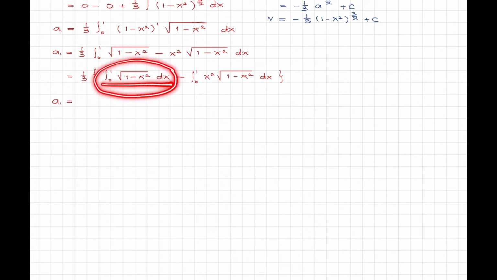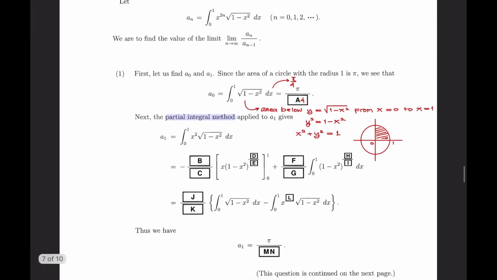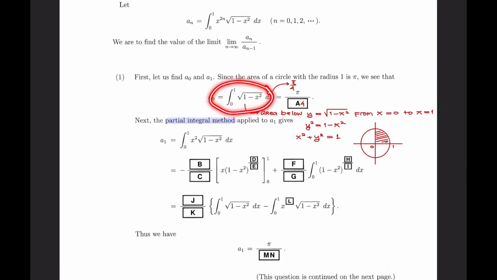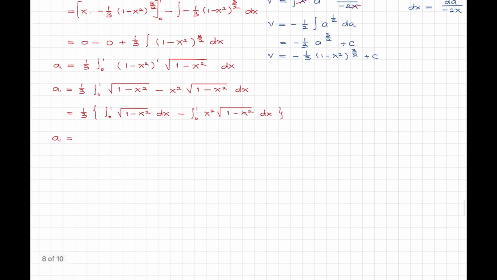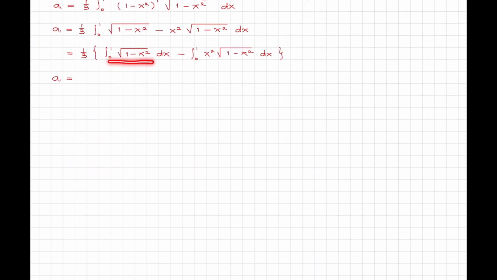This is basically A0. So integration from 0 until 1 of square root of 1 minus x squared is A0.